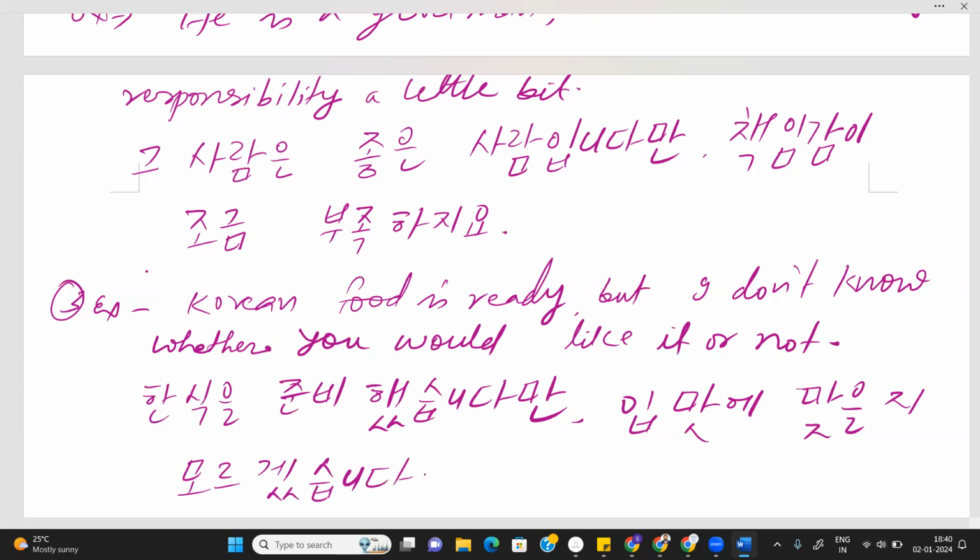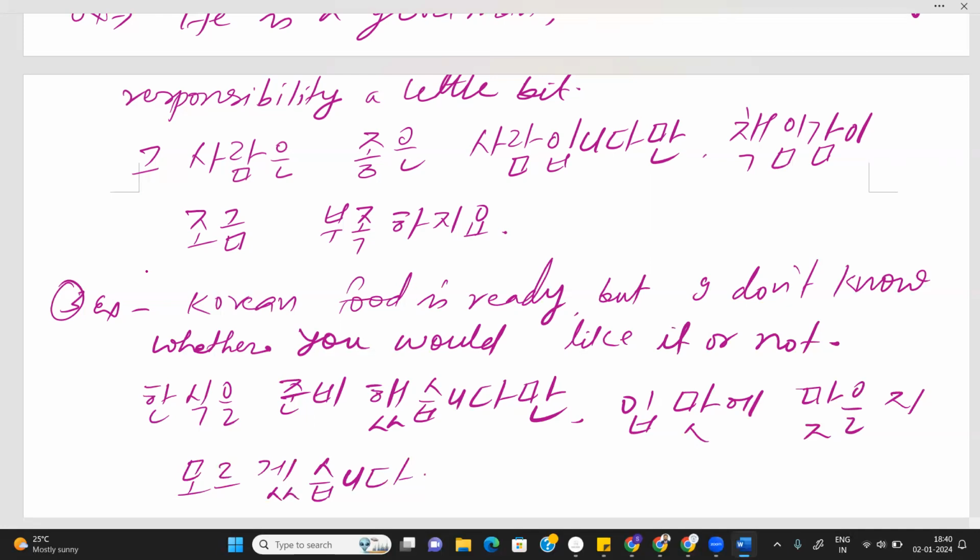Okay. Korean food is ready, but I don't know whether you would like it or not. 한식을 준비했습니다만 입맛에 맞을지 모르겠습니다.